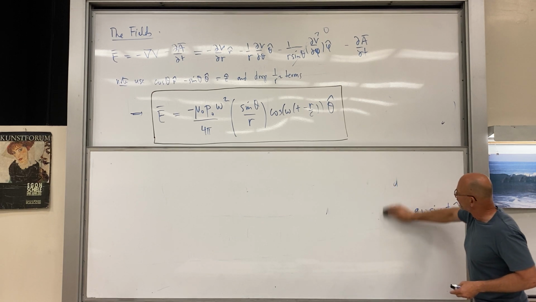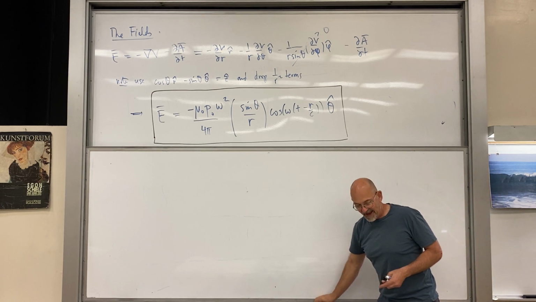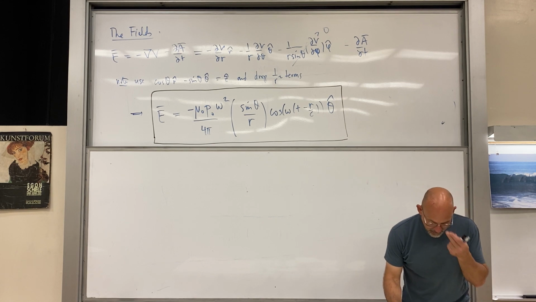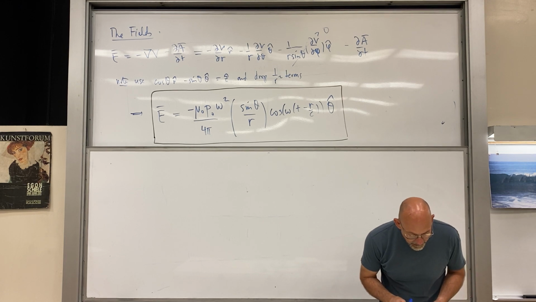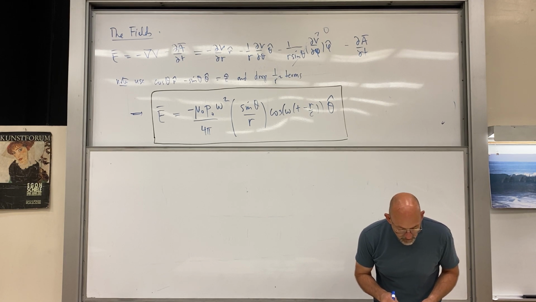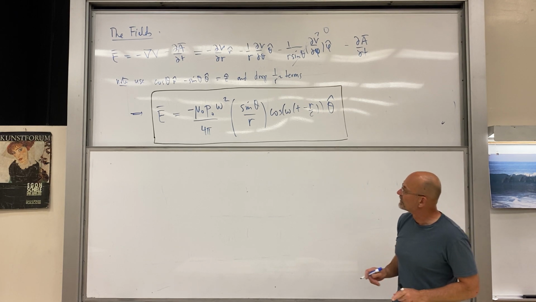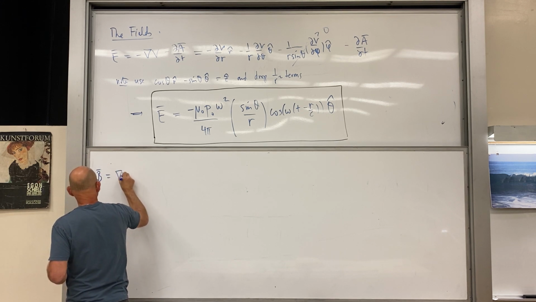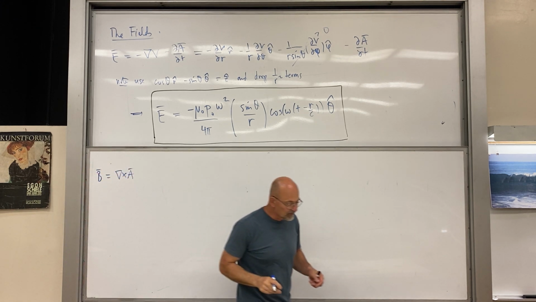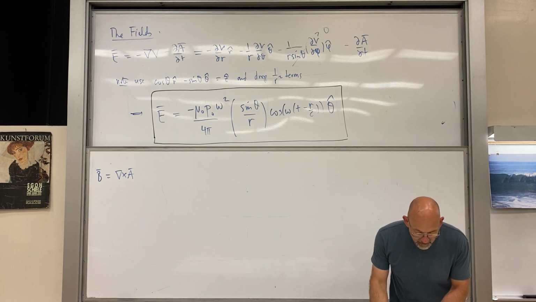And the B field, which is the curl of A. So B is equal to the curl of A. I don't see any real tricky points on that calculation.